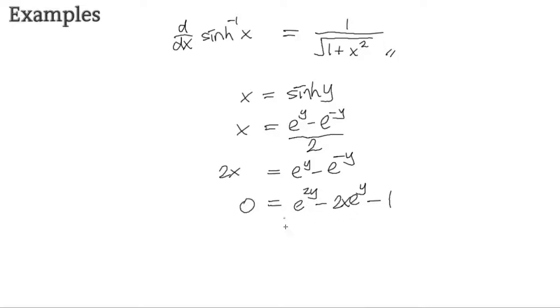So this quadratic can be run through the quadratic formula, which will give us minus b, which is 2x, plus or minus the square root of b squared, 4x squared, minus 4ac, so minus 4 times minus 1, so plus 4, well, a is 1, all divided by 2a.